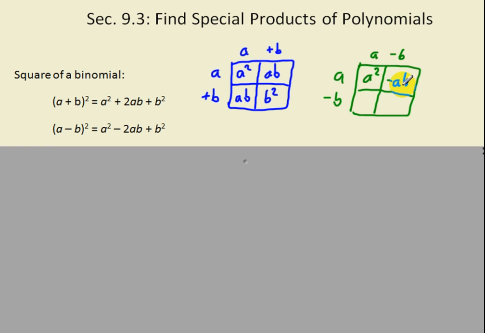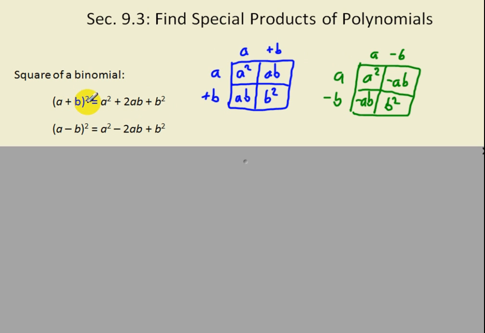So negative ab, negative ab. So there's where we get our minus 2ab. And then when you take negative b times negative b, it's a positive b squared. Alright, so these are good formulas to remember, and if you don't memorize them, that's okay. You can always set up a square or use the FOIL method.